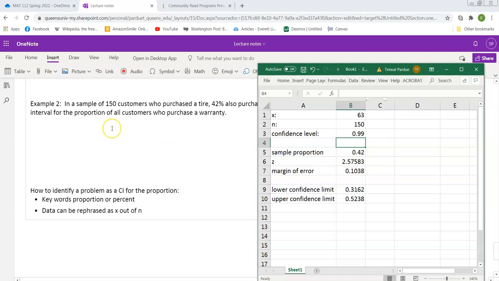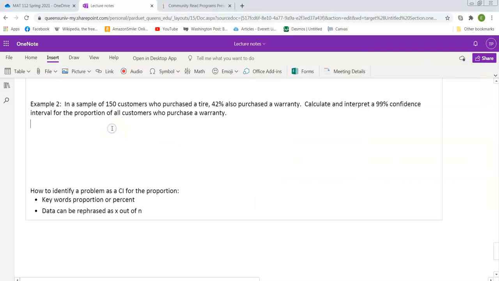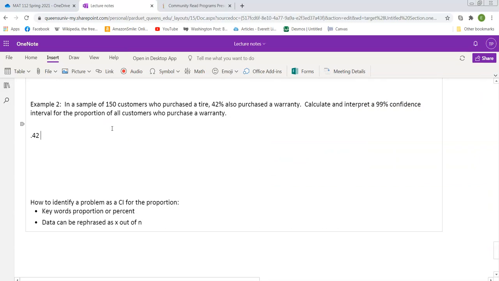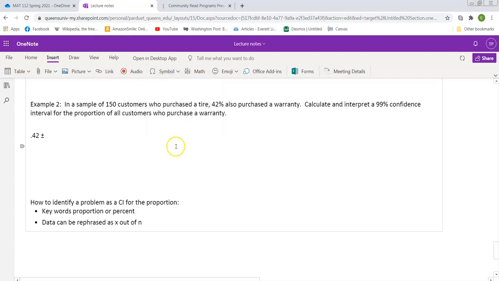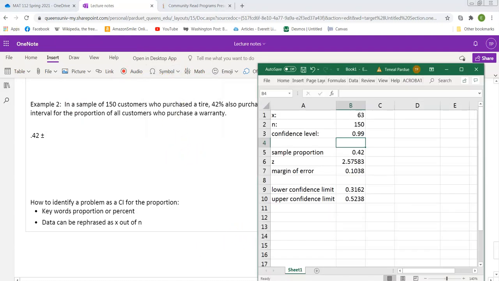So our answer here in margin of error form is 0.42 plus or minus the margin of error, which is 0.1038.